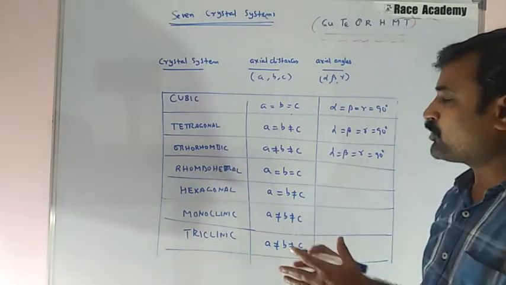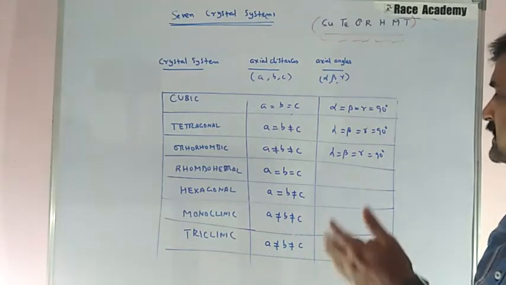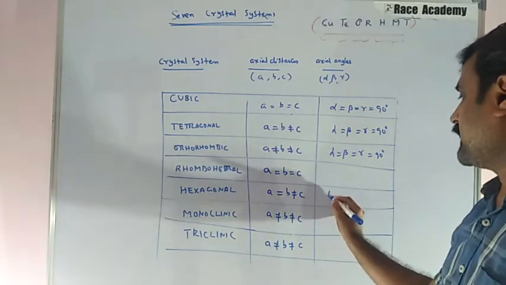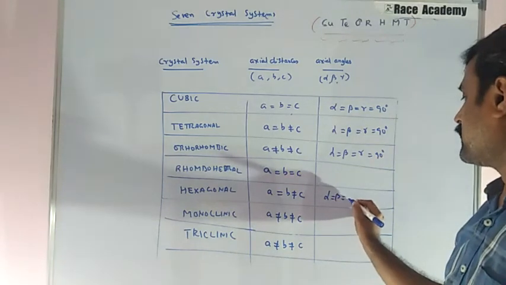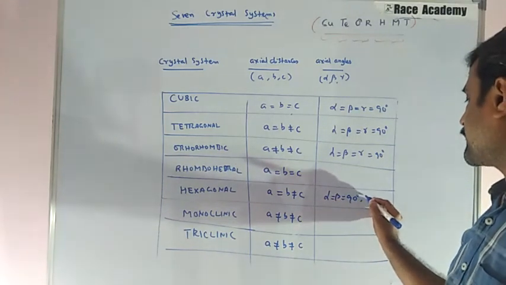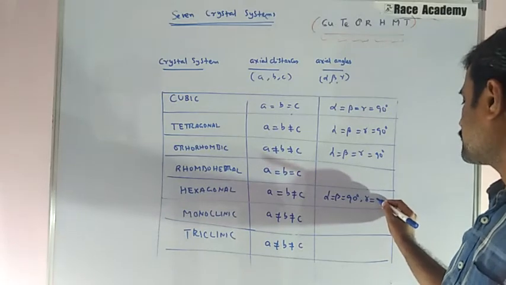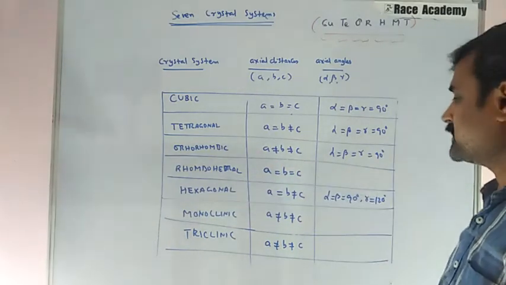Remember one thing: in hexagonal, gamma is 120 and the rest are 90. So here alpha, beta equal 90 and gamma equals 120.